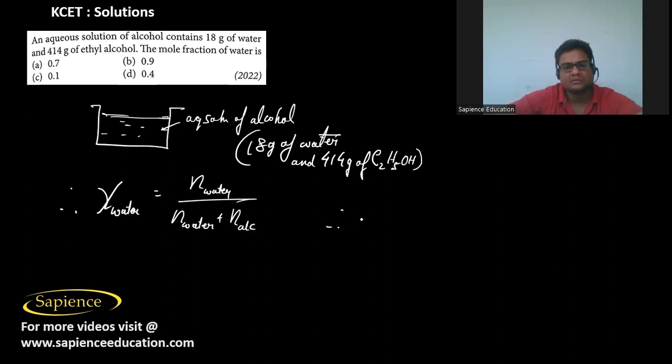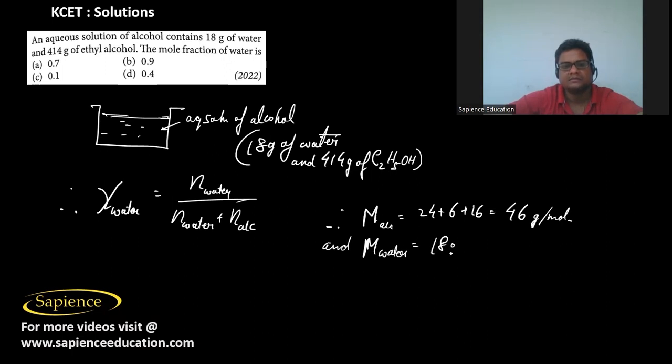Now the molar mass of ethyl alcohol will be equal to 12 twos are 24, plus 6, plus 16, so that is 46 gram per mole. And the molar mass of water is obviously 18 gram per mole. 18 gram of water means 1 mole of water, so the number of moles of water is 18 by 18, equal to 1.